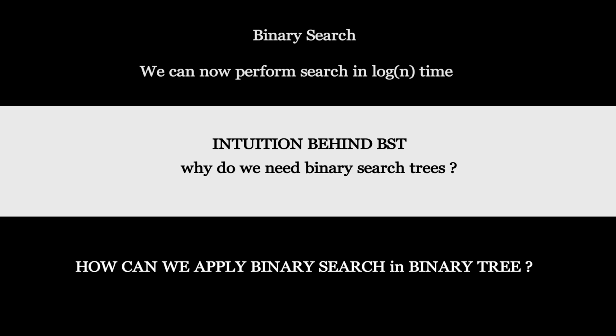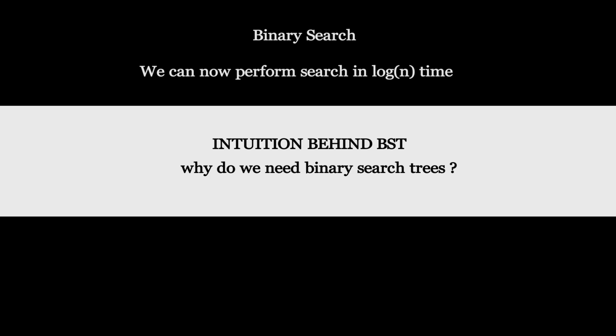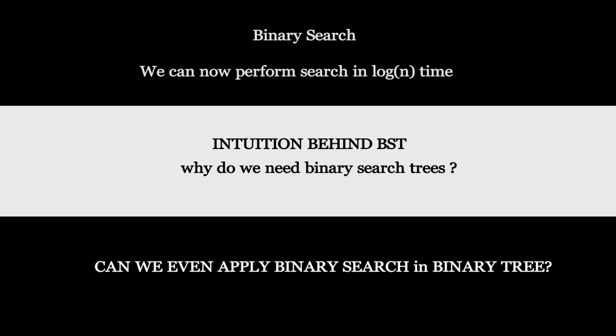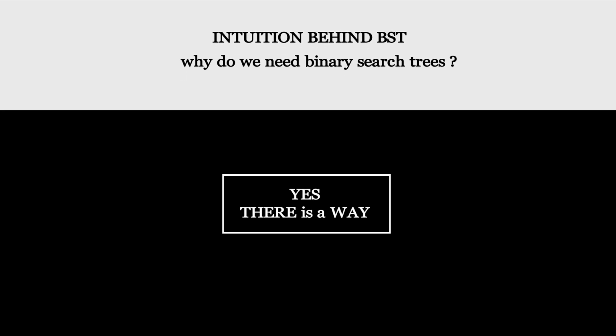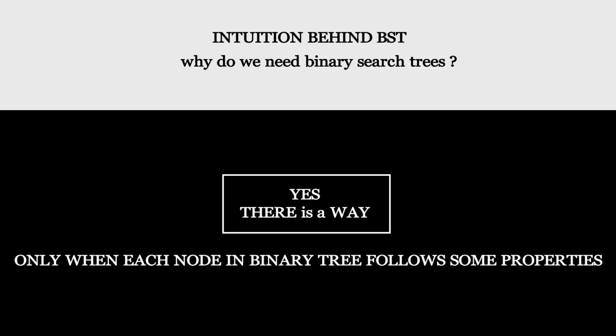In other words, you can't say if an element exists in a binary tree or not in log n time. So our question becomes, is there any way by which we can search in a binary tree in log n time? Is there any way by which we can somehow apply binary search to binary trees? The answer is yes, there is a way, but only when our binary tree follows a special property.